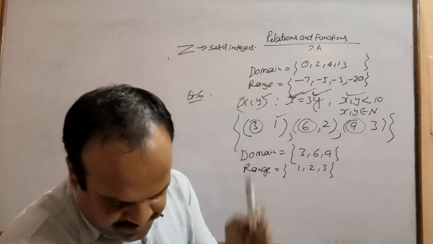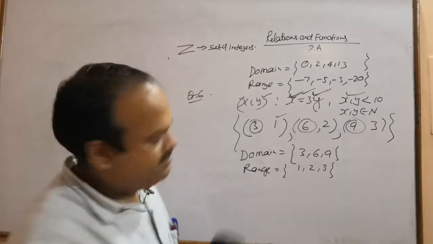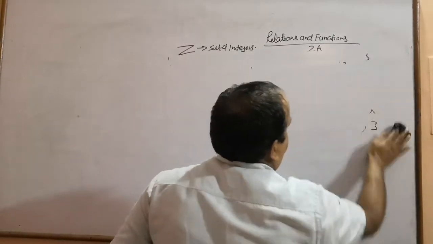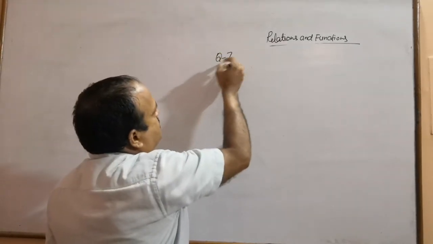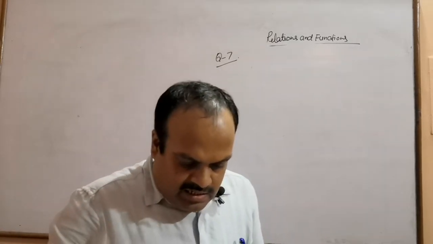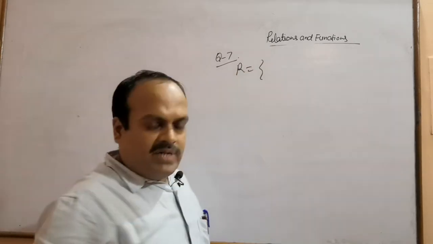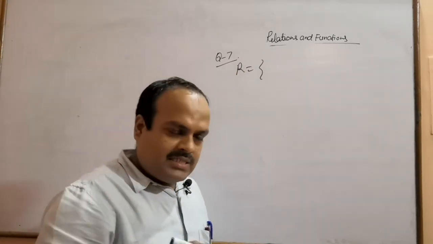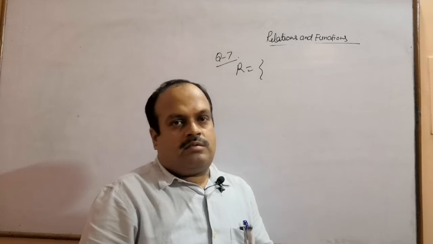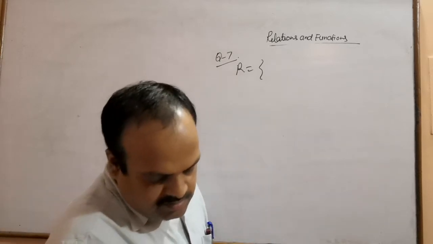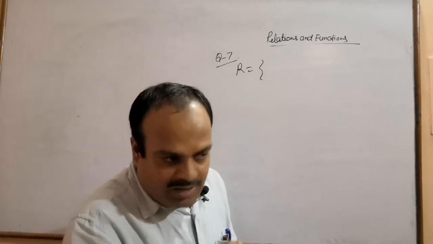Next is question number 7. Determine the domain and range of the relation R. In this question we have 2 parts, and in every part the relation R is expressed in set builder form, which means its elements in numerical form are not available, only the formula is available.